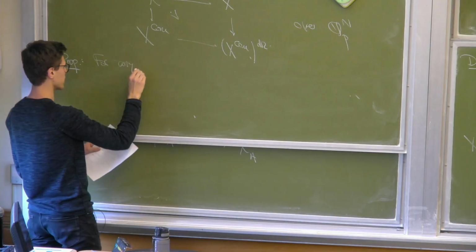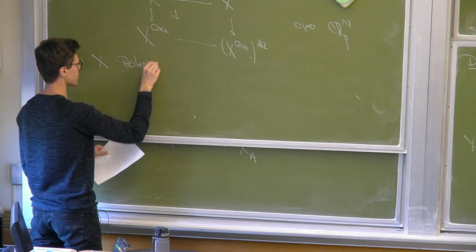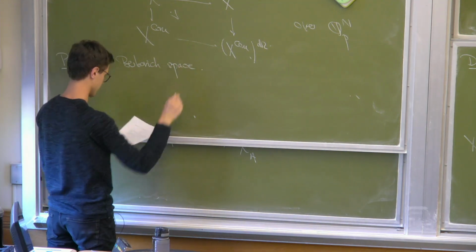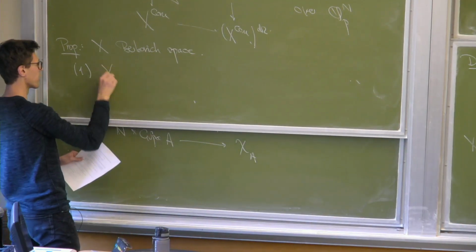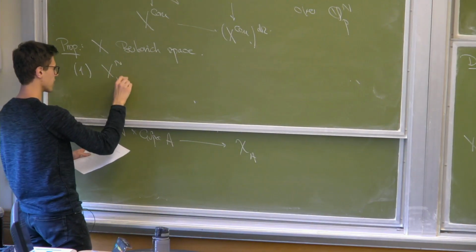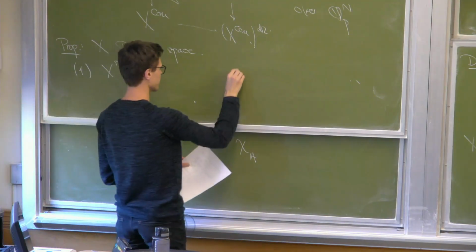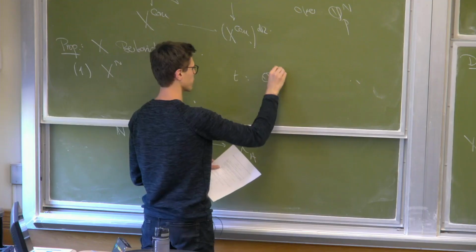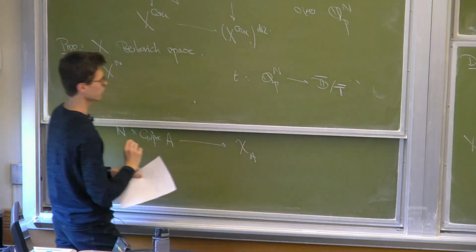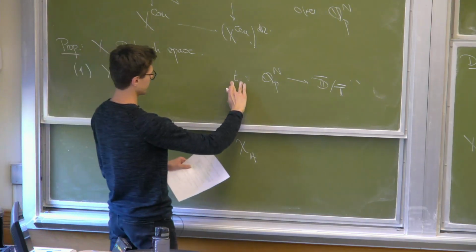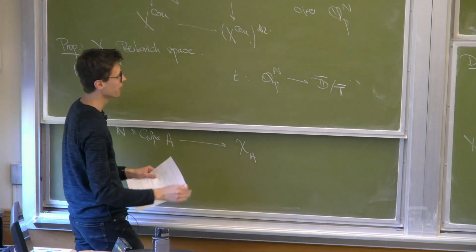So let X be a Berkovich space, and then you have the following features. First I want to remark that because this T was a map from QPN to this quotient by the torus, T has a well-defined norm on QPN because I only quotient out this torus.